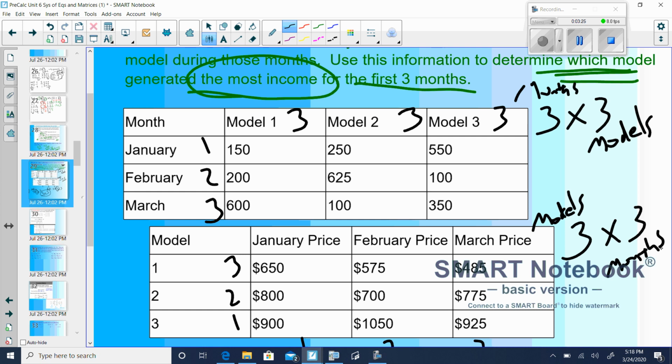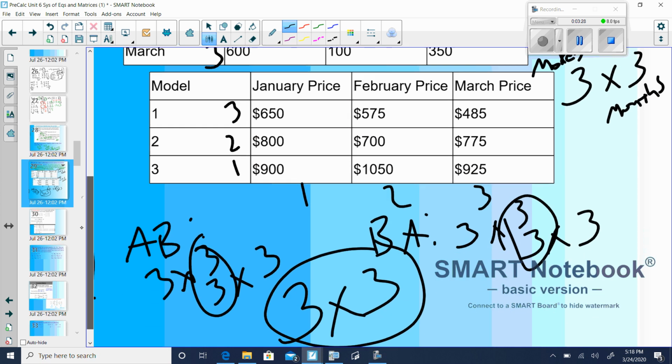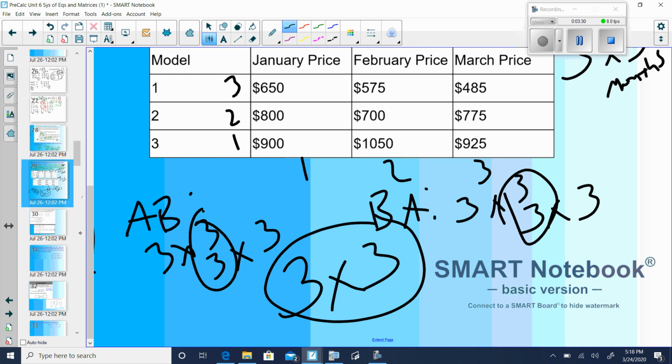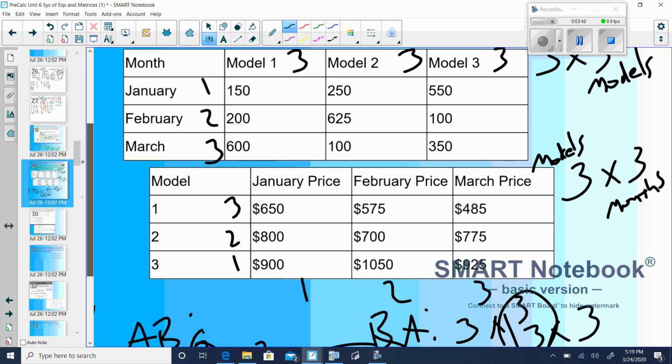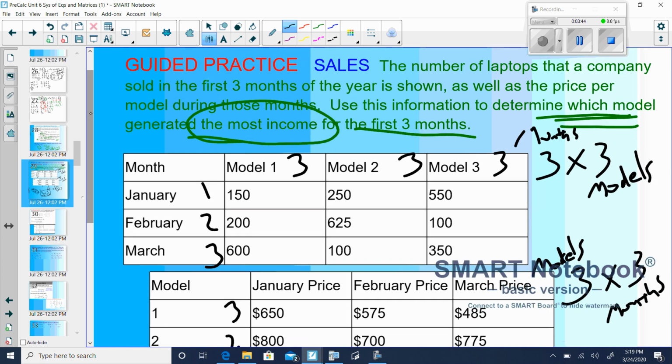months. So if we do AB, what we're going to be left with, right? We're going to be left with months and months. Don't know if that's going to give us what we want. We'll take a look at that because we want to know which model generated the most income for the first 3 months.